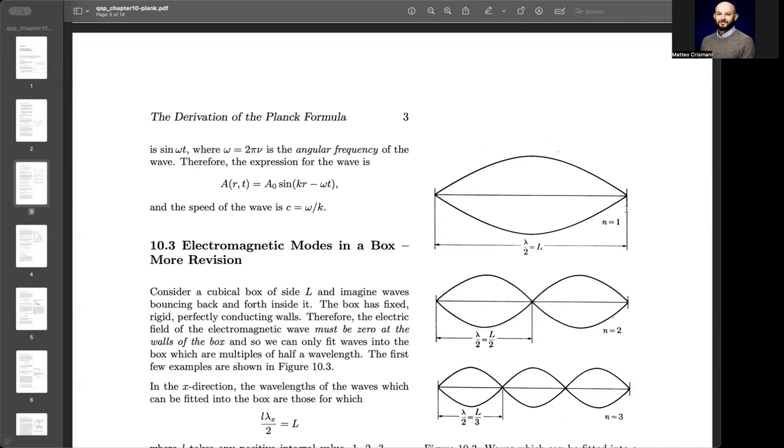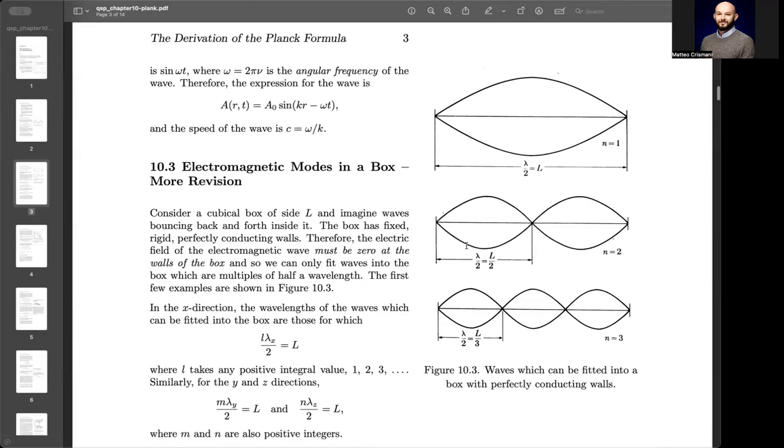So here is a box of length L, and here is a sine wave whose wavelength is 2L, right? And you can see that here, there's the wavelength, and one of them fits perfectly in here. This would be an example of one whose wavelength is L, right? And then this one, of course, is L times 2/3.